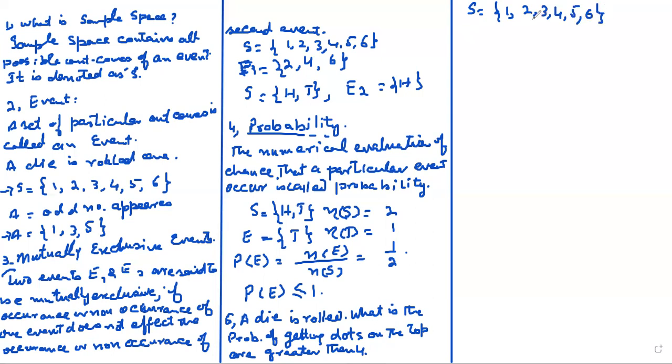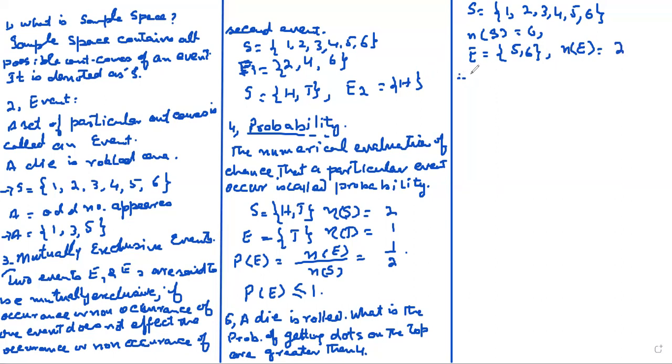So N(S) equals 6, and the event is greater than 4. Greater than 4 are 5 and 6 only, so N(E) equals 2.